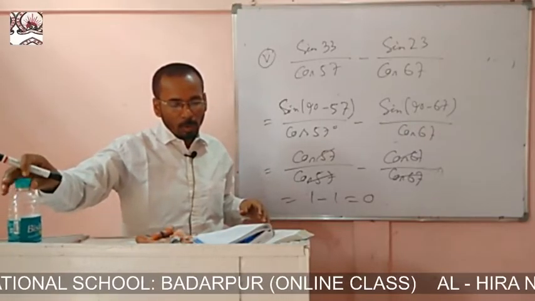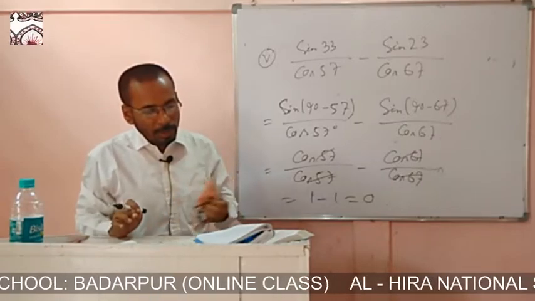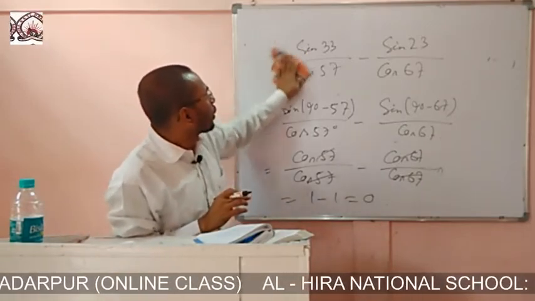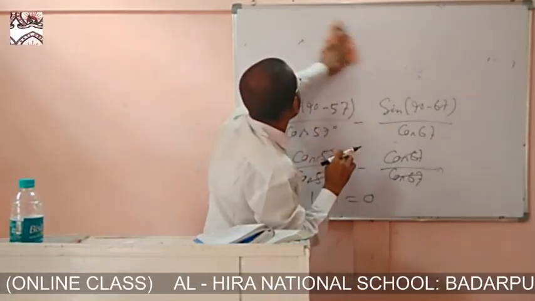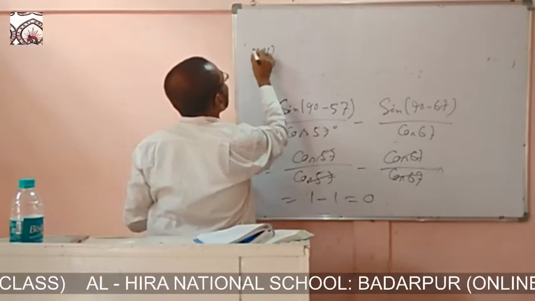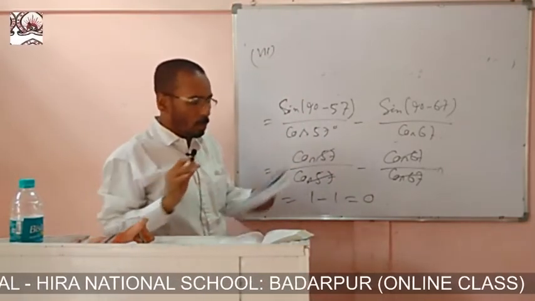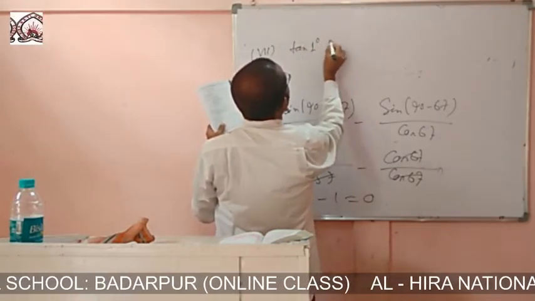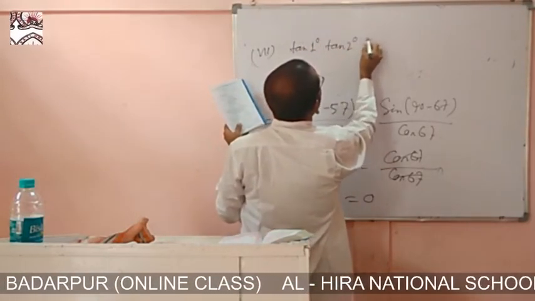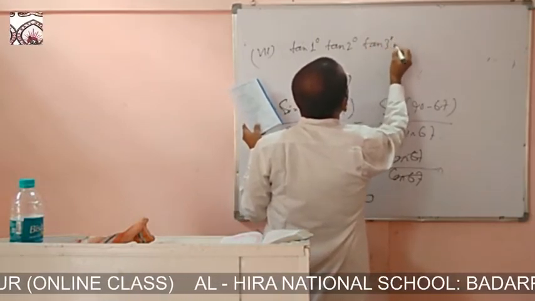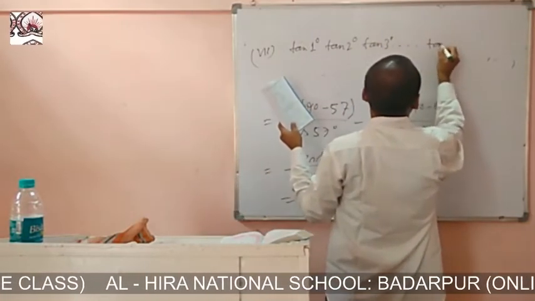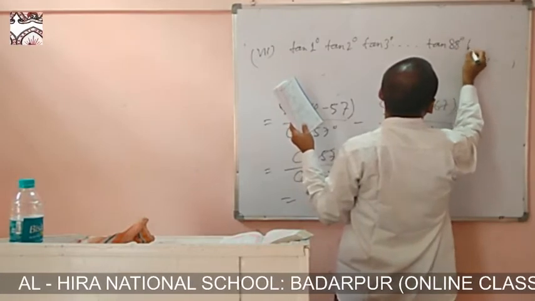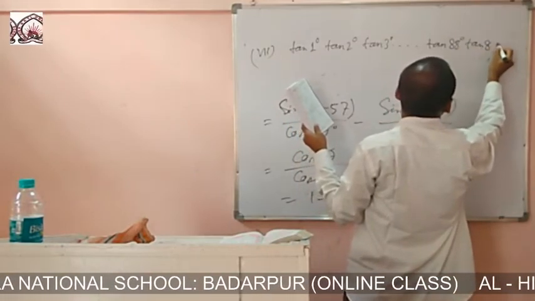You see the question: tan 1 degree, tan 2 degree, tan 3 degree, dot dot dot, tan 88 degree, tan 89 degree.